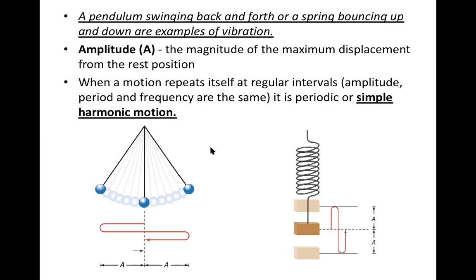We know in reality it's not going to continue in that motion forever, so it's a theoretical concept, but if we set this up, maybe for the first 10 swings, it will be close enough to simple harmonic motion.